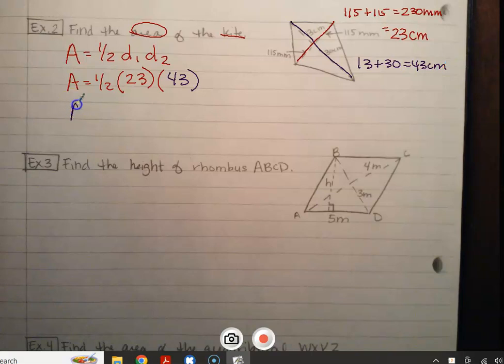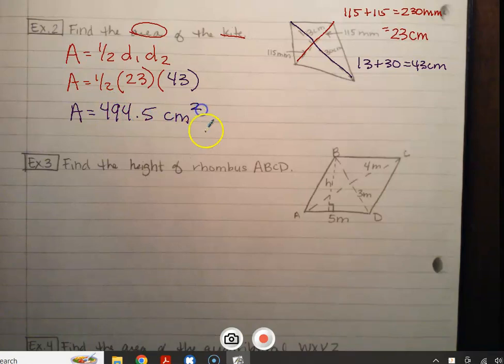So our area is going to equal 1/2 of 23 times 43, which is 494.5 centimeters, what?